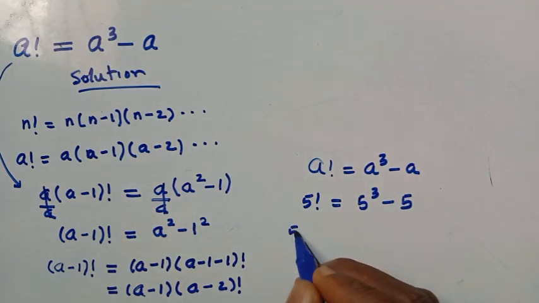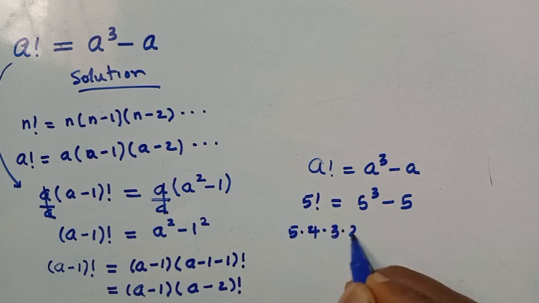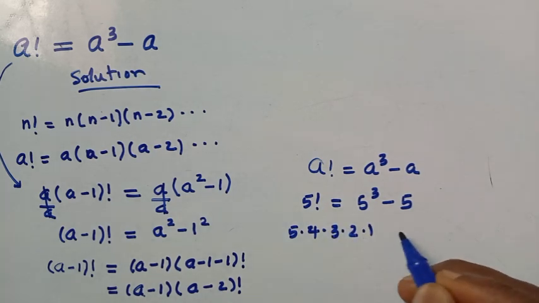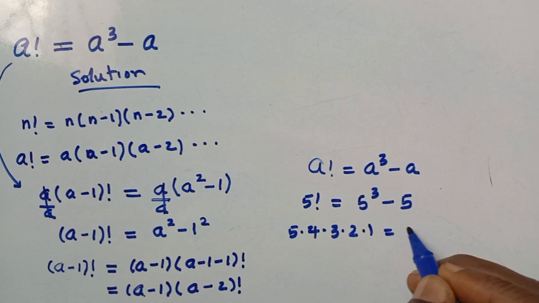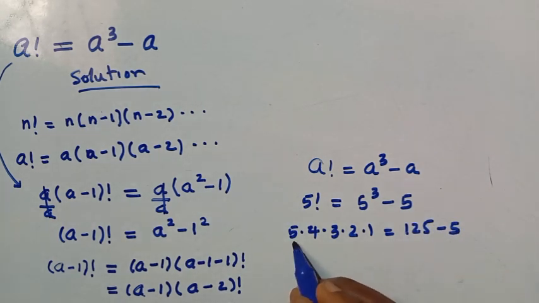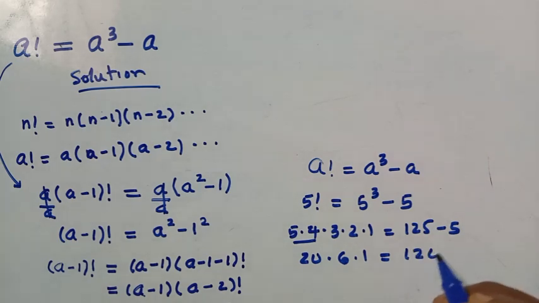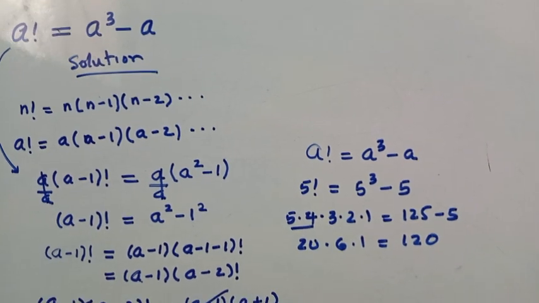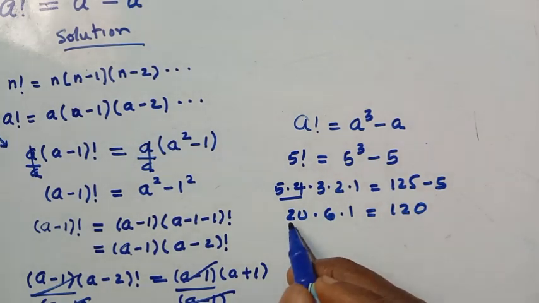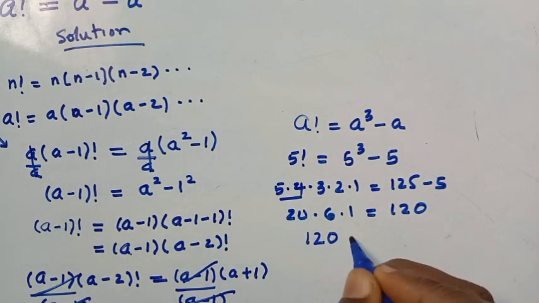So 5 factorial is 5 times 4 times 3 times 2 times 1, and 5 cubed is 125 minus 5, that is 120. Multiplying, 5 times 4 is 20, multiplied by 3 times 2, that is 6, so 20 times 6 is 120.